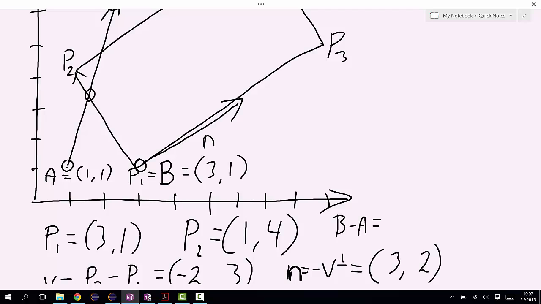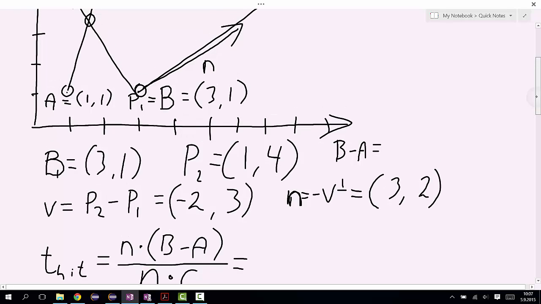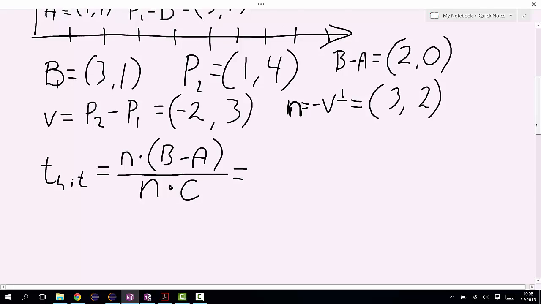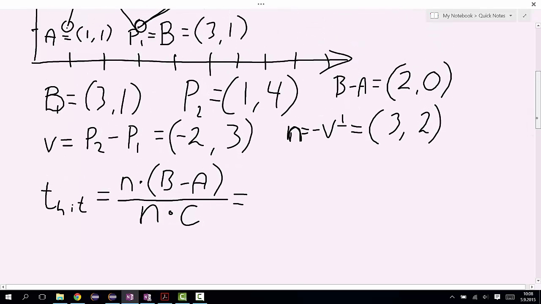So B minus A equals (3, 1) minus (1, 1), which is (2, 0). So that's the vector between those points.